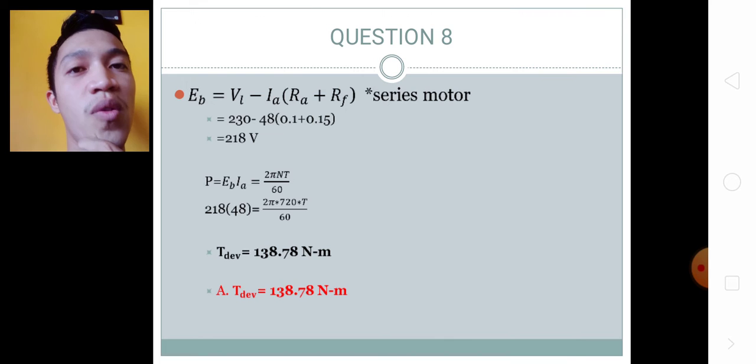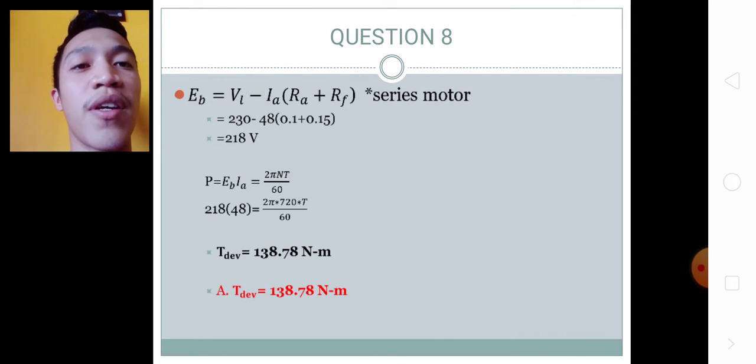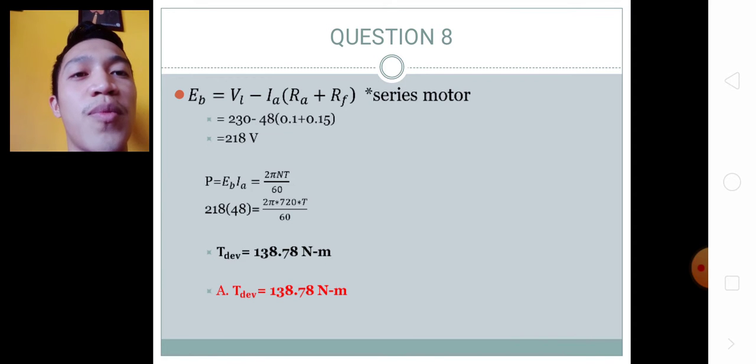So 230 volts minus 48, the armature current, times the quantity of 0.1 ohms plus 0.15 ohms, which are already given. Then 0.1 plus 0.15 is 0.25 times 48. That should be 12. So 230 minus 12, we have 218 volts.